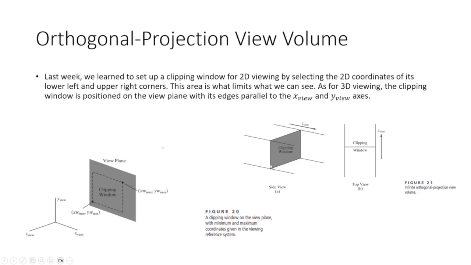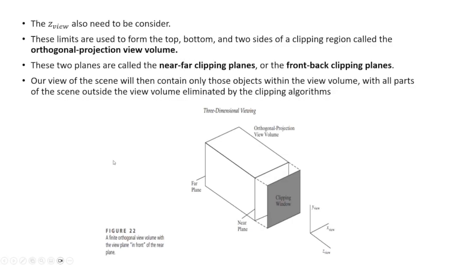So if we only consider the x view and y view axes, there will be an infinite view volume. That's a problem, so we need to limit the z view coordinates. These limits are used to form the top, bottom, and two sides of the clipping region called the orthogonal projection view volume.